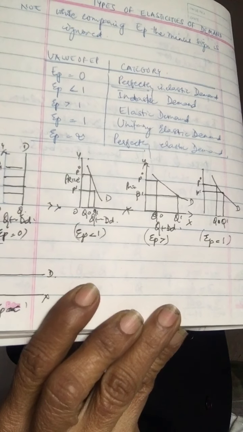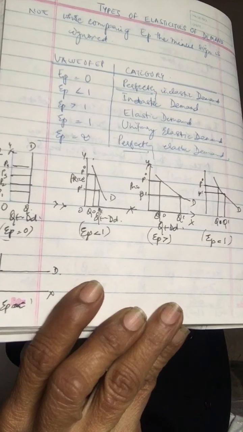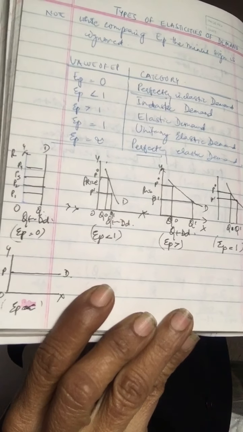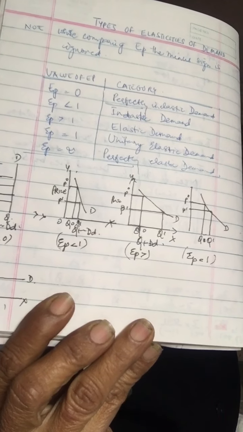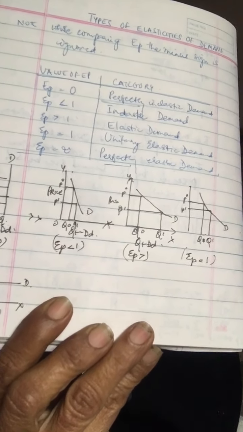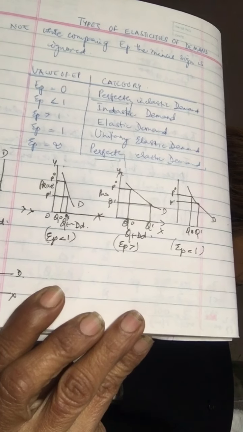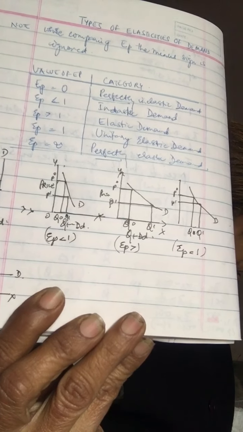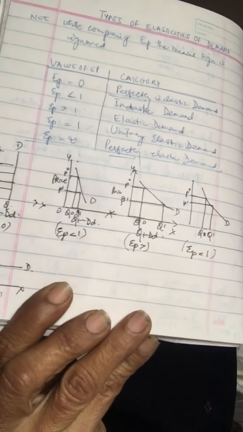Now let's take situation 3, that is, equal to 1, a unitary elastic demand. In that figure, the last one on top, the fourth one, is a rectangular hyperbola. It is a curve under which all rectangle areas are equal.